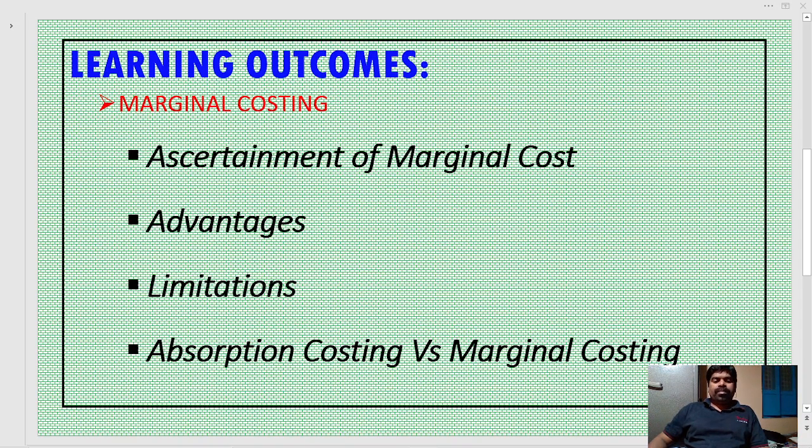First one is ascertainment of marginal cost and advantages. Next one, limitations. And what are the differences between both the methods, that is absorption costing and marginal costing. So these are the learning outcomes of this video lesson.